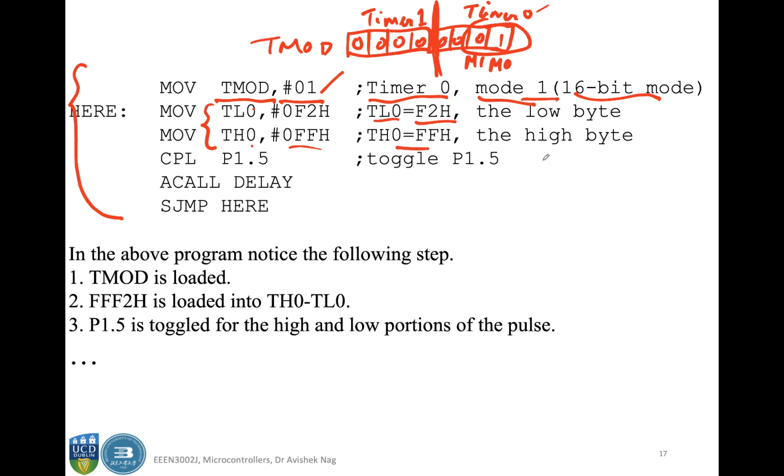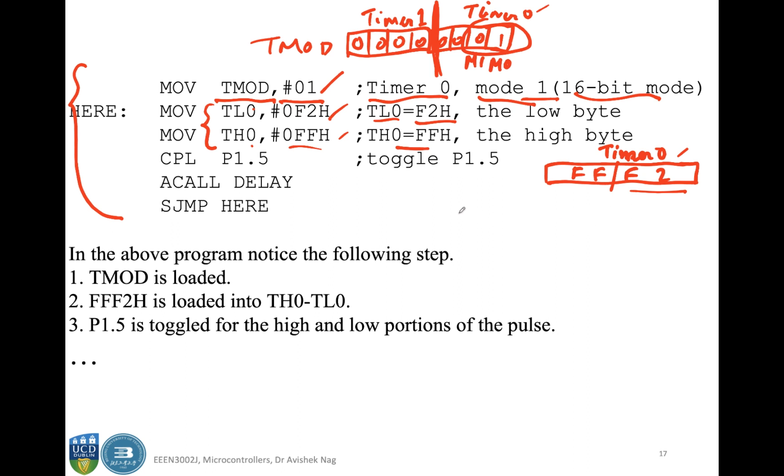So your timer 0 contains FFF2. You are loading the lower byte with F2 and the higher byte with FF, so the entire 16-bit number represented by timer 0 is FFF2.